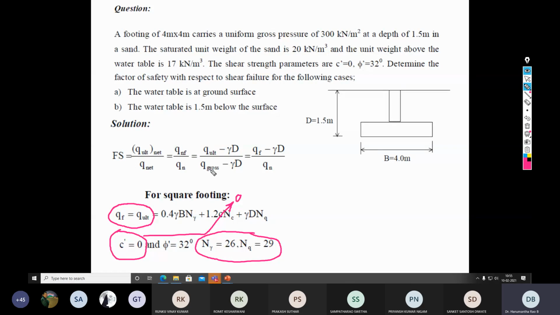Now here, if you take case A, this gamma will become gamma dash, and this gamma also will become gamma dash, gamma submerged, because the groundwater table coincides with the ground surface. While in the second case, only the third term, the self-weight component gamma, becomes gamma dash, and the overburden term gamma will remain as gamma only.